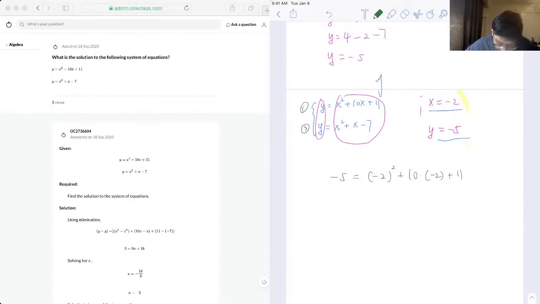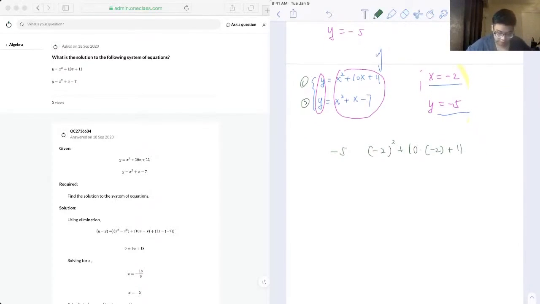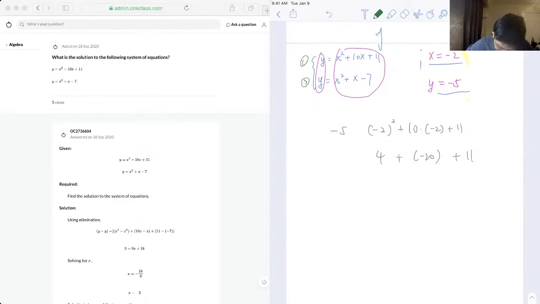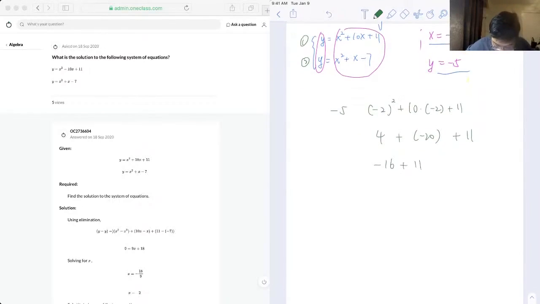Let's work out the right hand side first. -2 squared will be 4, plus 10 times -2 will be -20, plus 11. So this is -16 plus 11, which will give us -5. So now you can see the left hand side is equal to the right hand side, so our answer holds for the first equation.